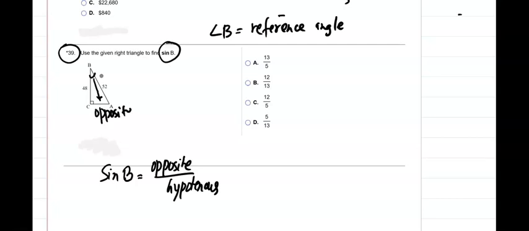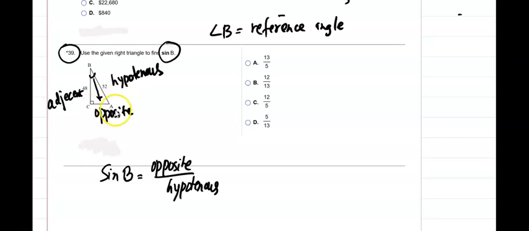The side which is between this reference angle and the 90-degree angle is called the adjacent side. And this side is obviously the hypotenuse, which is 52.